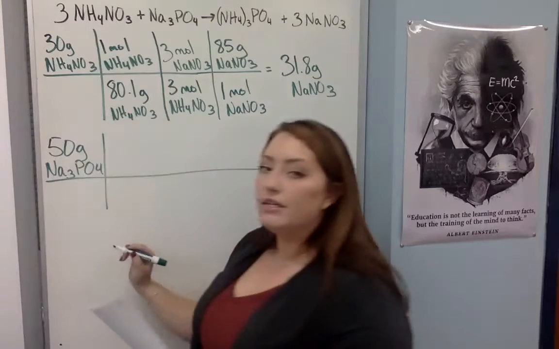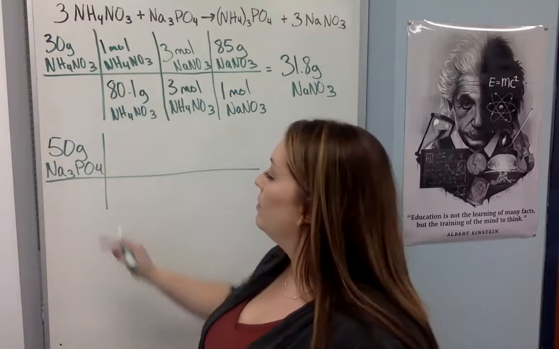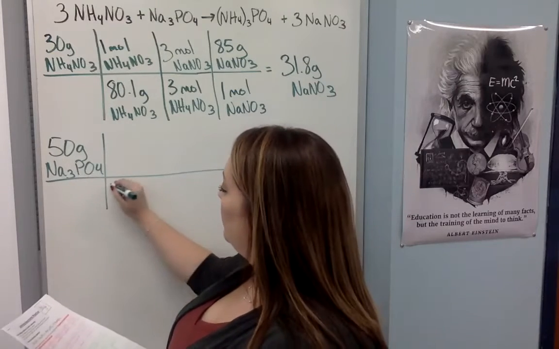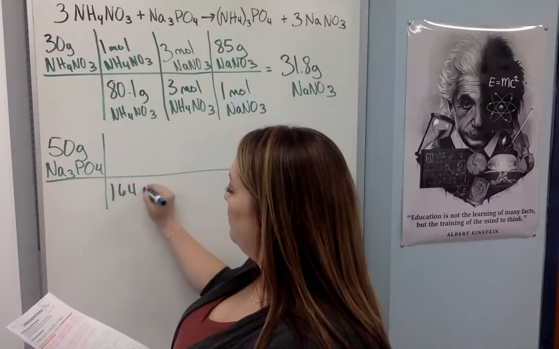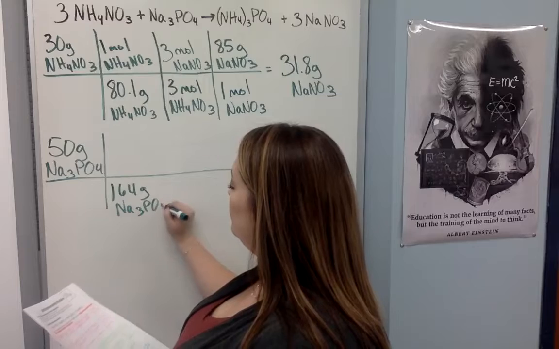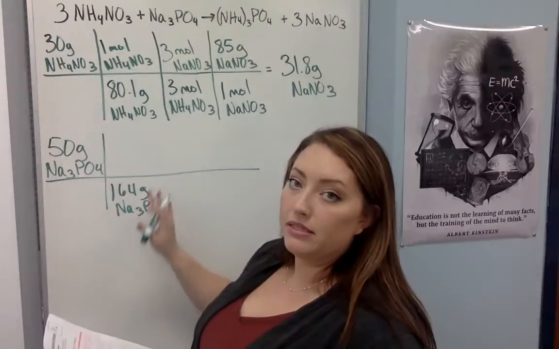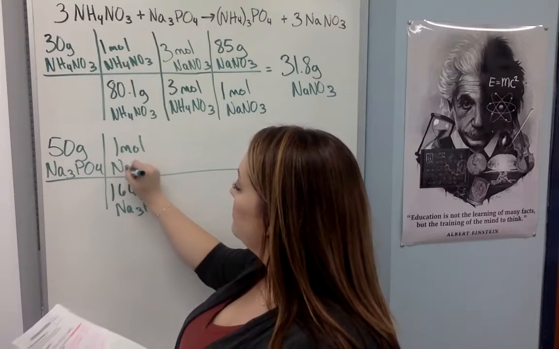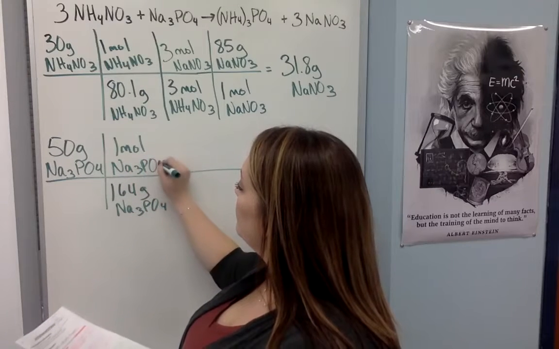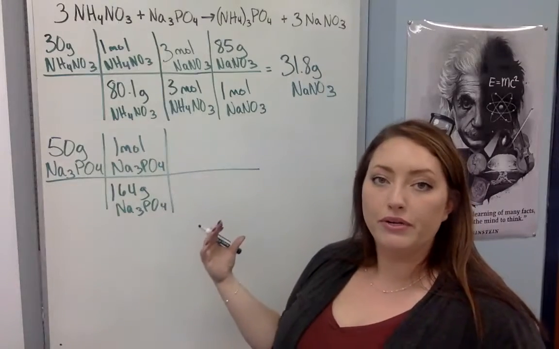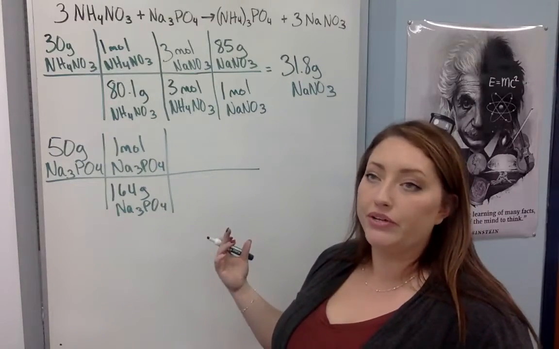Okay. So again, following the same pattern, we're going to bring down grams of sodium phosphate, and we're adding this up from your periodic table. Okay. The mass is equal to 1 mole. Okay. Now that we're in moles, this is our opportunity to use the mole ratios from the balanced equation.